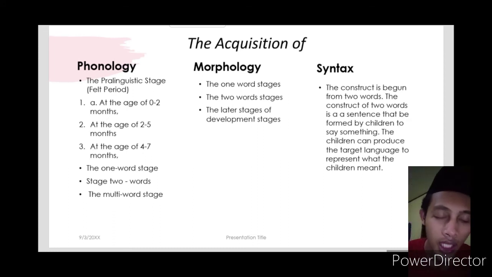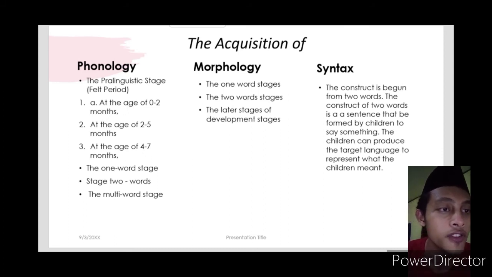And then after the acquisition of morphology comes syntax. The acquisition of syntax is the ability of children to state something in the form of syntax or a sentence. The construction begins from two words.